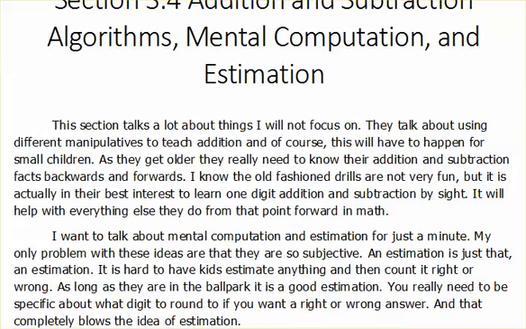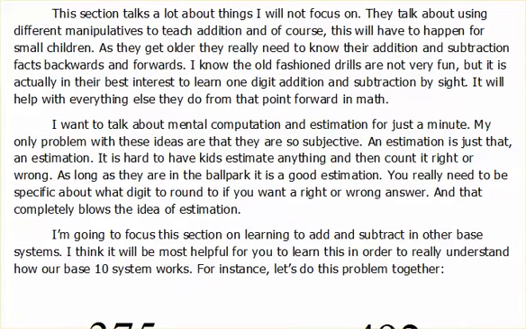So if you're estimating that it's going to be a little over 100 for 94 plus 15, then you're correct in giving your estimate. Now, if you say 10, then you would quite obviously be incorrect in your estimate. But as long as they're in the general ballpark, then it is correct.